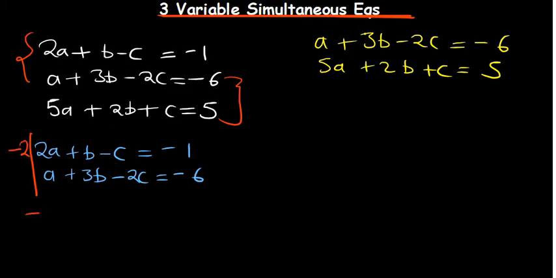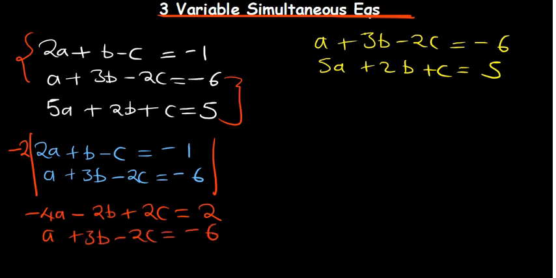So we're going to have -4a minus 2b. I'm multiplying the entire equation by -2, and then we have a positive 2c and then a positive 2, for a -1 is a positive 2. And then the other equation will just be the same, a plus 3b minus 2c is equal to -6.